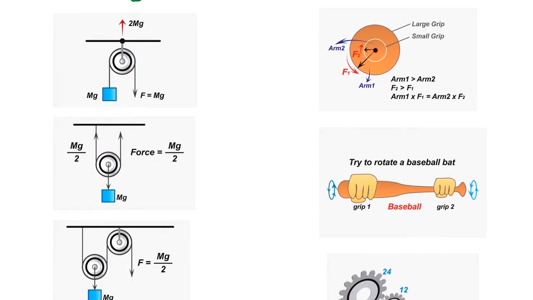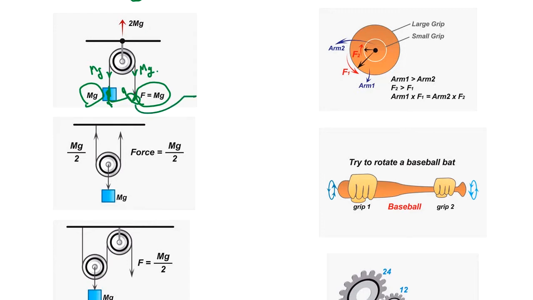Now, the pulley. You pull the load mg by this. Just think about what happens if you tie yourself and pull this. How much force do you need? On both sides, the tension is mg.